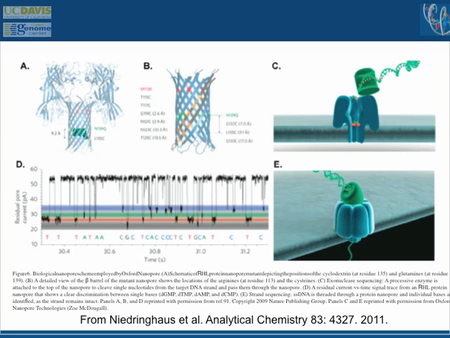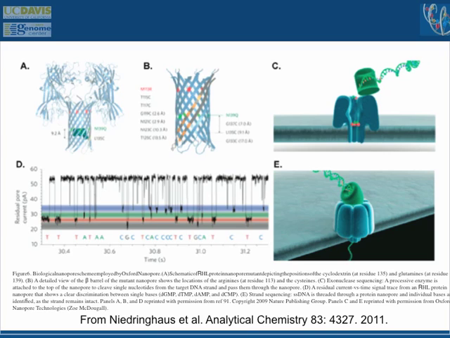And this is them, after playing around with it for a long time, they've found that a G has this signature with the current, a T has this signature with the current, a C has this signature, and here's A up at the top. So each of the different bases have a different signature in terms of the current that's going through this nanopore. And they can read single molecule sequencing with this nanopore sequencing.